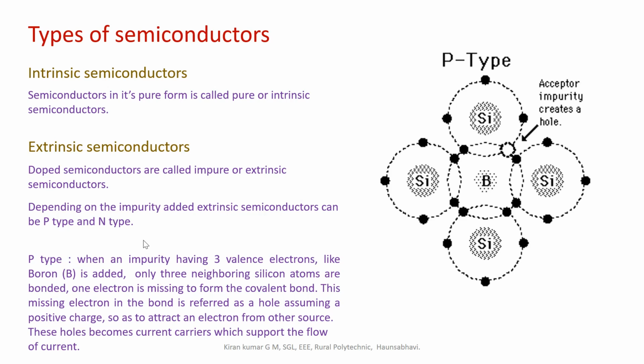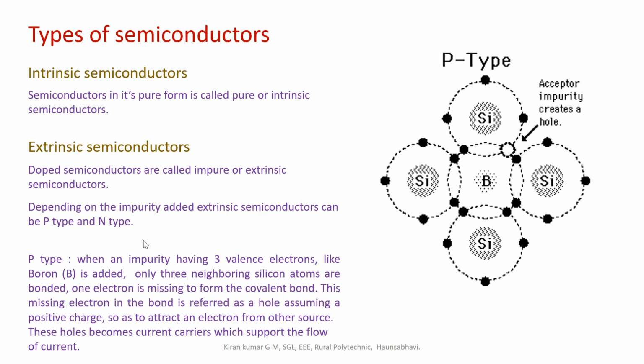Later you will know, because as it finds a scarcity of 1 electron in fulfilling the maximum 8 electrons in the outermost shell to create a crystalline structure, it will be eager to accept one electron.